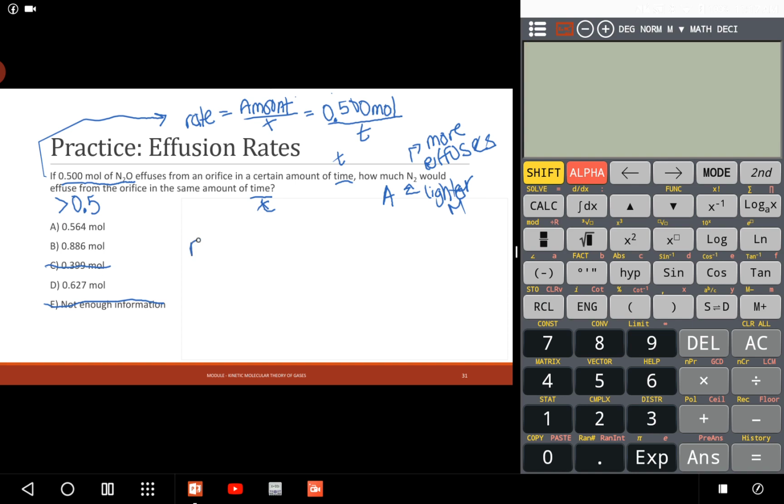And so my rate of A to my rate of B, I'm going to assign that one to be B, is going to be equal to my square root, and this is going to be the molar mass of N2 over the molar mass of N2O.